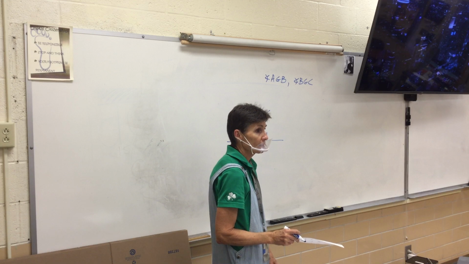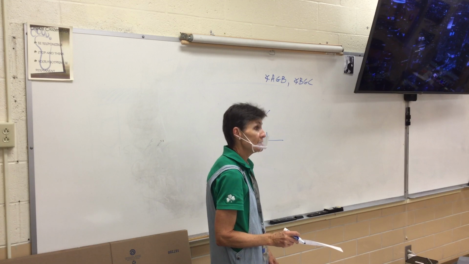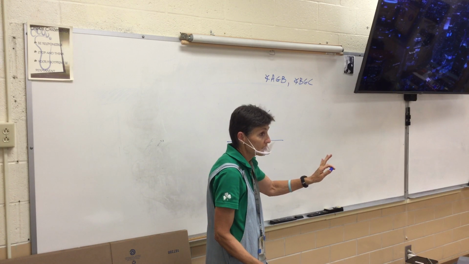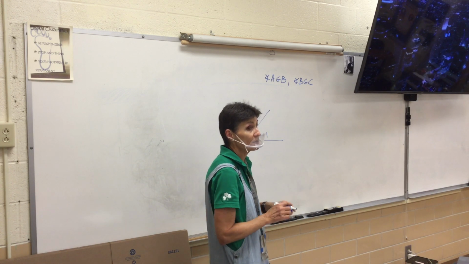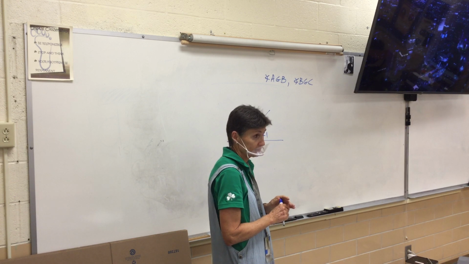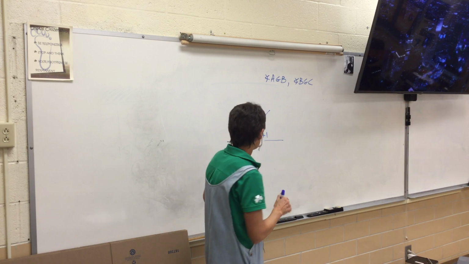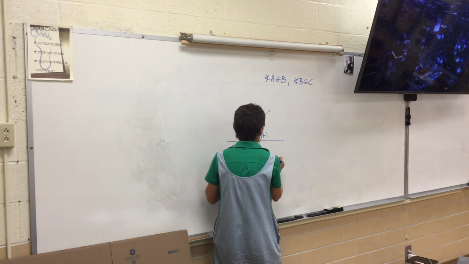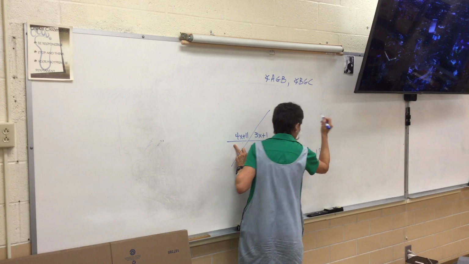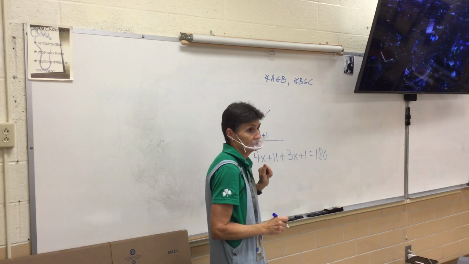Every time there's x's like this, you need an equation. So tell me what kind of equation we could come up with, Addison. 4x plus 11 plus 3x plus 1 equals 180. Perfect.